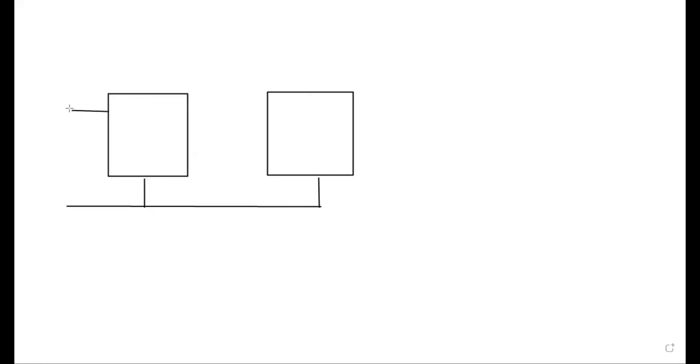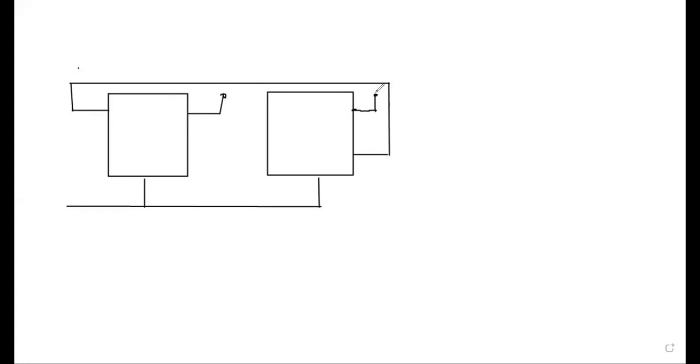The J input is connected with the Q bar of the output. Let me draw it myself.